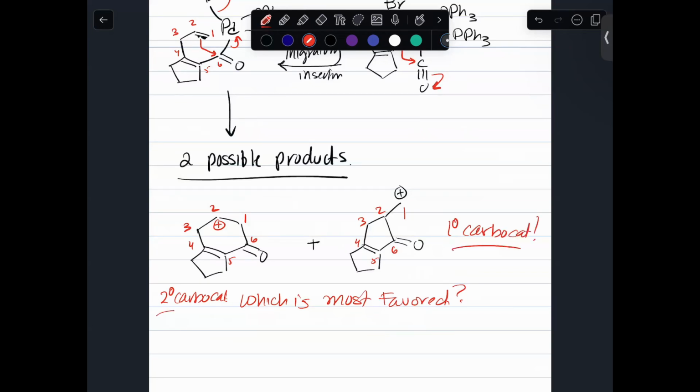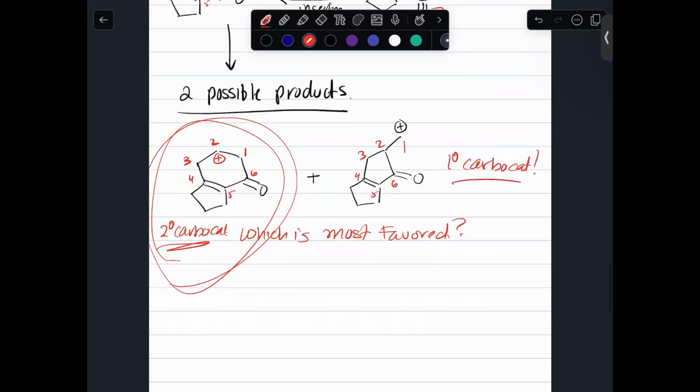So not surprisingly, the secondary carbocation is the more stable, right? You learn this in SN1, E1, the more substituted the carbocation, the more stable. Primary carbocations are just simply unlikely, okay? So this is the product, or this is the intermediate of the product.